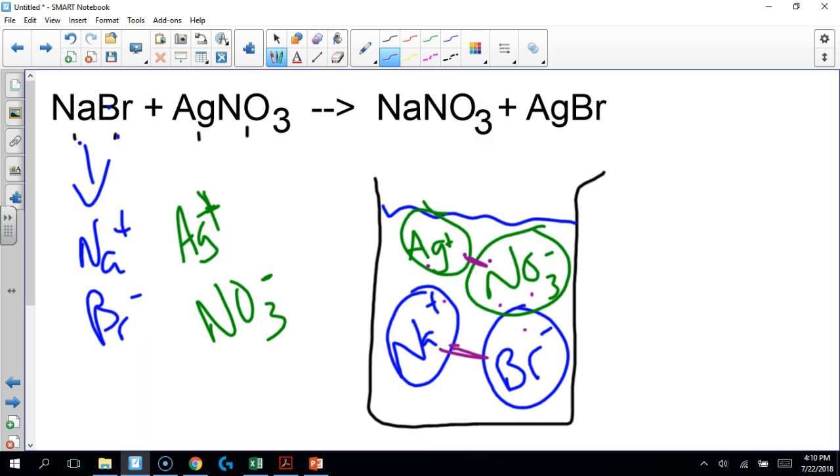So what ends up happening is that now the Na has to be attracted to the NO3 minus. This is a plus charge and a minus charge. But then the silver, the Ag, is attracted to the Br minus.